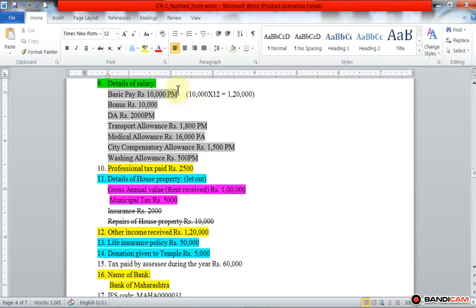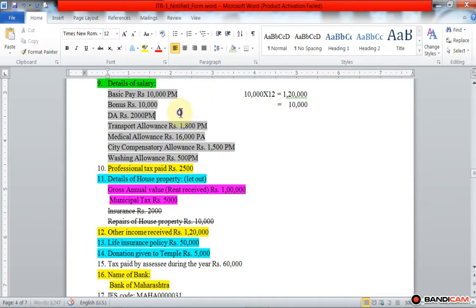Then here we compute gross salary, then bonus, so we directly add bonus, 10,000 per annum.